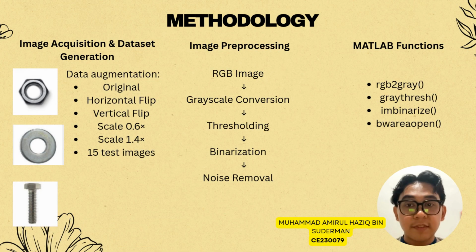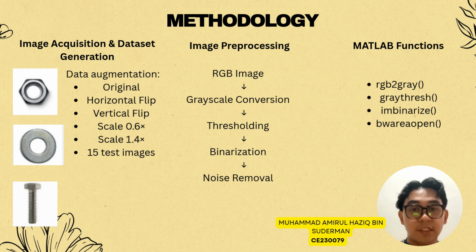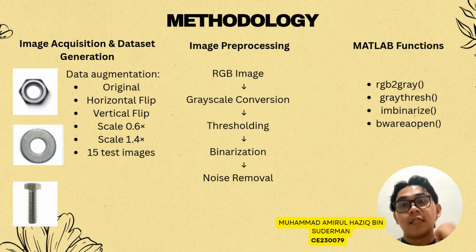So this is the first part of our methodology: the image acquisition, which is also the dataset generation, starting with data augmentation. Here are three samples of our images that we have taken from Google.